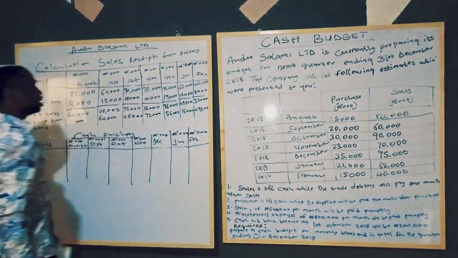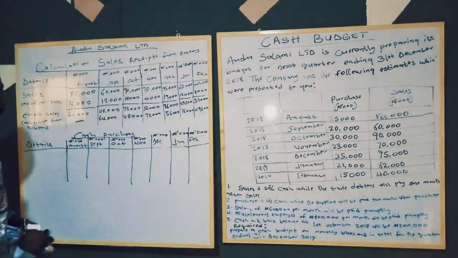You have to put this to indicate that the figures here are in thousands or in millions.